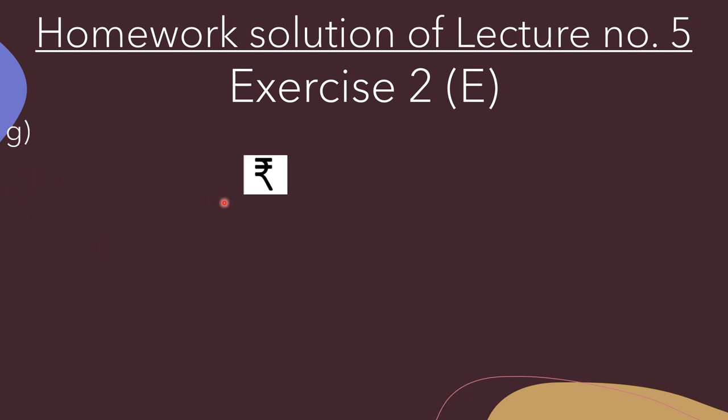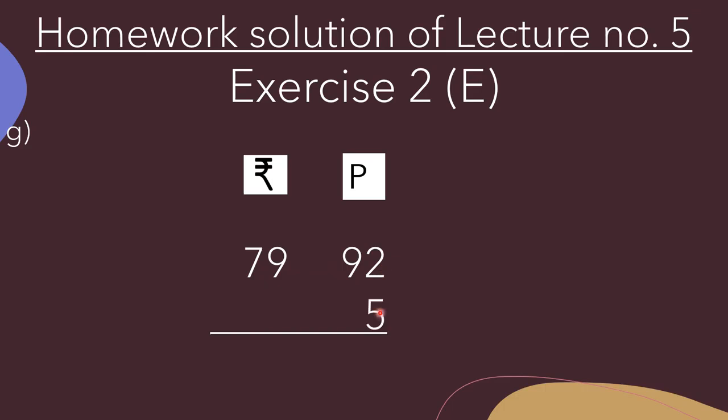Now in G part, again we have given rupees and paise, 79 rupees 92 paise, and we have to multiply it by 5. So 5 twos are 10, so here we will write 0 and 1 will be carry over. Now 5 nines are 45, 45 plus 1, 46, so here we will write 6 and 4 will be carry over. 5 nines are 45, 45 plus 4, that is 49, so here we will write 9 and 4 will be carry over.